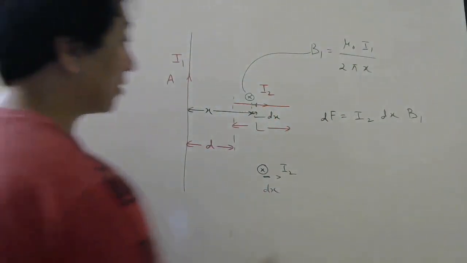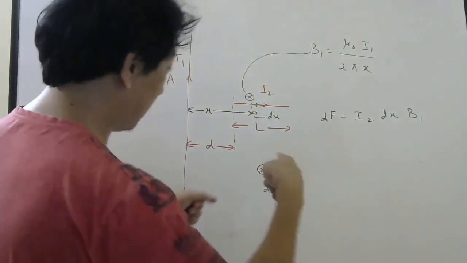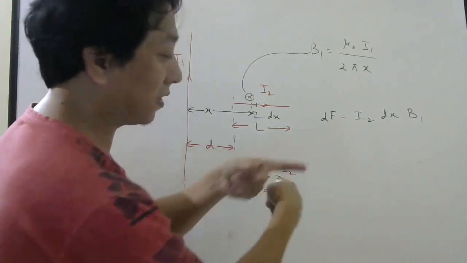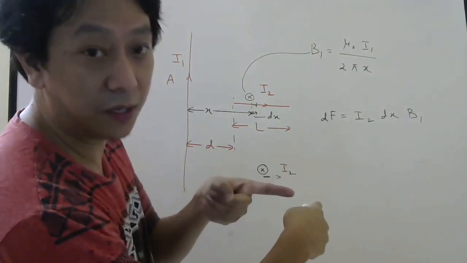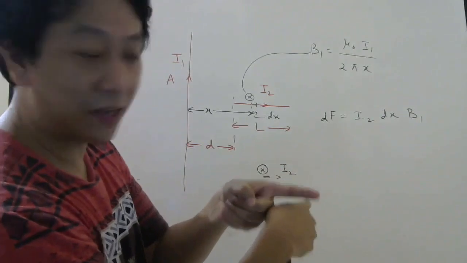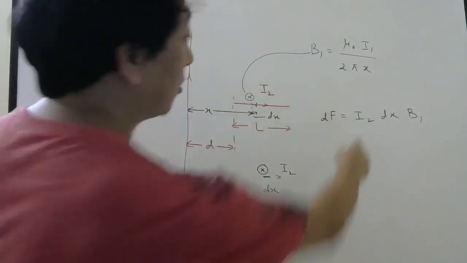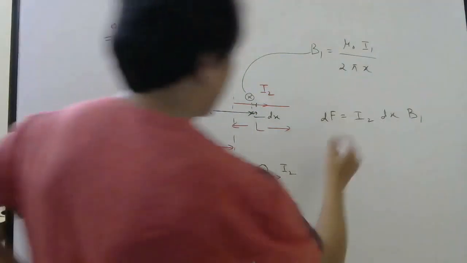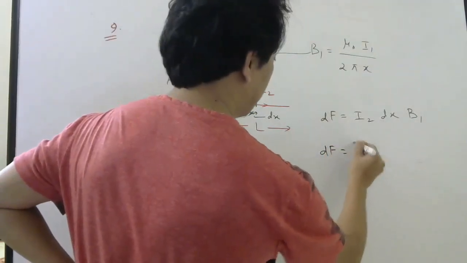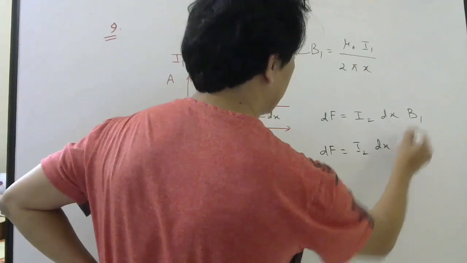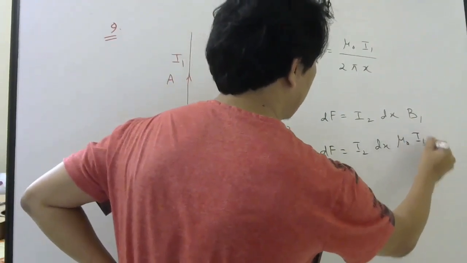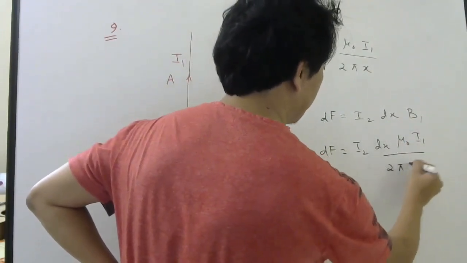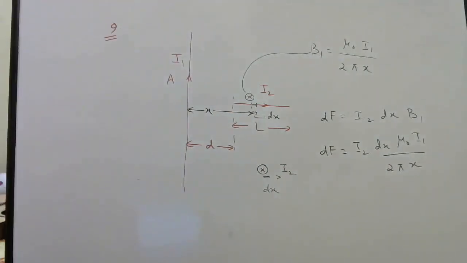Now sin theta no need to write, because magnetic field is here, dx is here, and dx will be taken along the current, so it will be 90 degrees. So no need to write sin 90 degree. Then you can substitute the magnetic field, mu naught I1 by 2 pi x. So this is the force on this part.